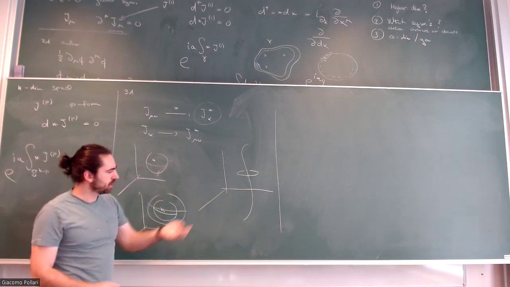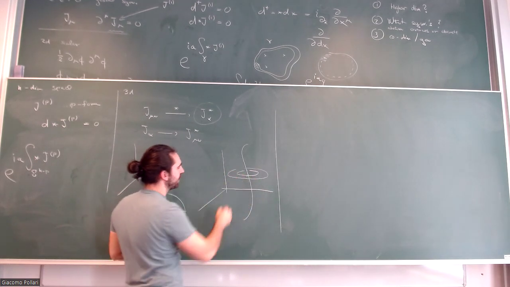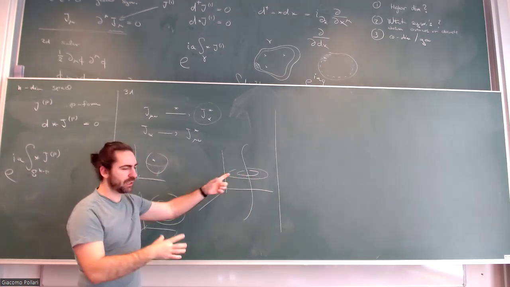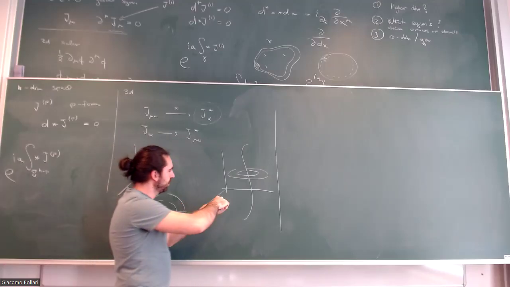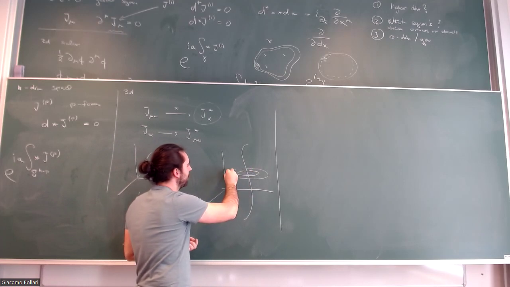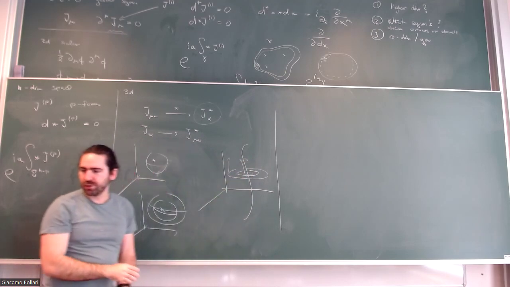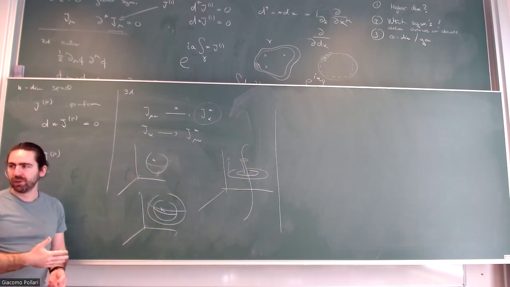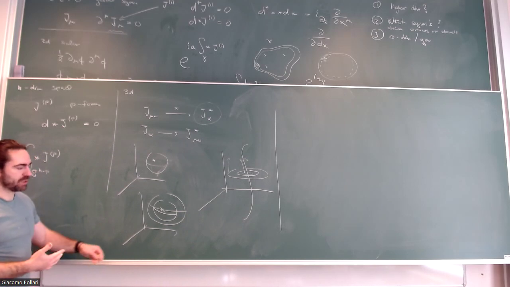But what about with the lines? I can apply one line and then the second line. But there's enough space for me to take this guy, pull it above, shrink it a little, and then hide it inside the other one. So I pull this one up, I make it smaller and pull it down again. So there's no meaning of ordering, and therefore you cannot really have non-abelian higher symmetries.